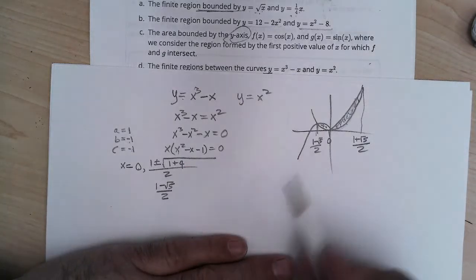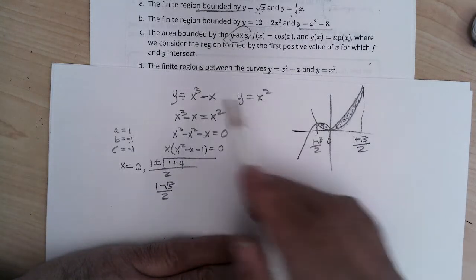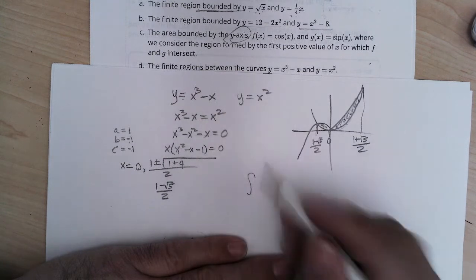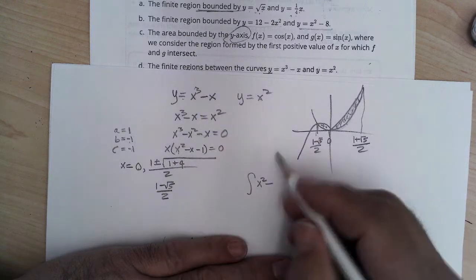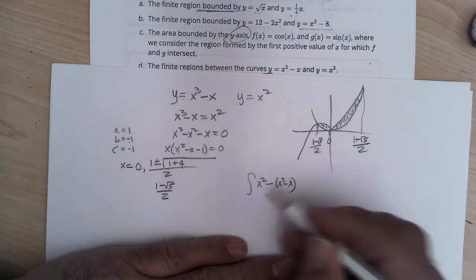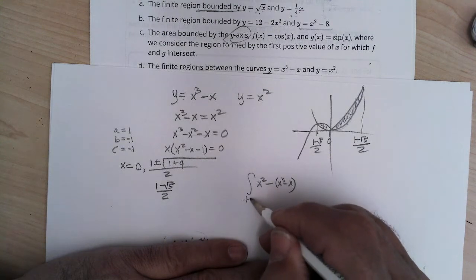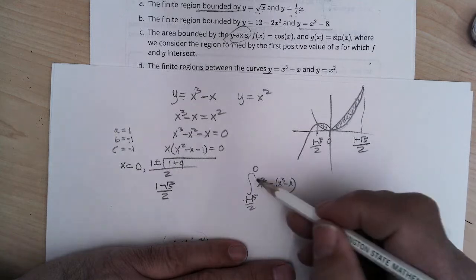So to do this, we do the integral, or find the area under the parabola minus the area under the cubic from 1 minus the square root of 5 over 2 to 0.